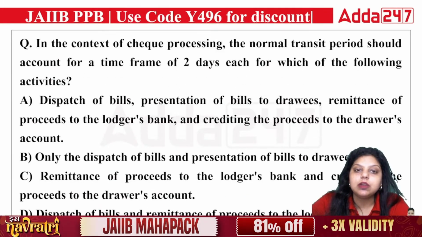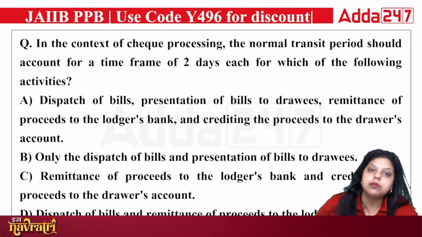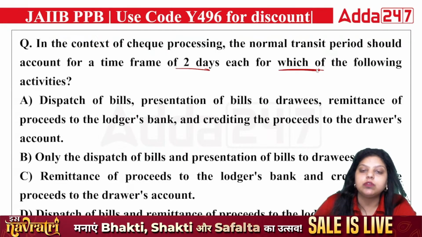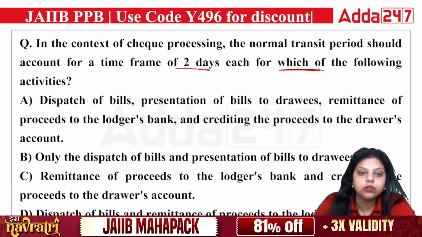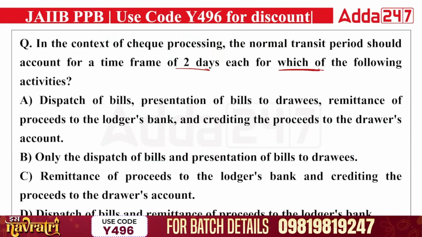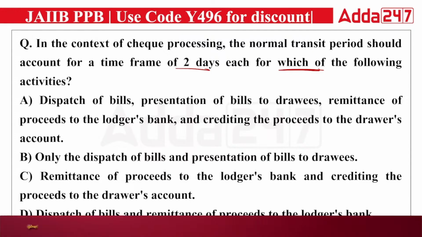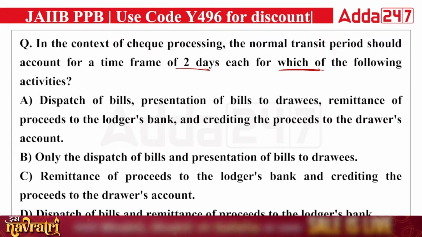Next we have in the context of check processing, the normal transit period should allow for a time frame of 2 days for each of which of the following. So 2-day time period will be given to each of which of the following that we have to answer here. First is saying dispatch of bills, presentation of bills to drawees, remittance of proceeds to the lodger's bank, crediting the proceeds to the drawer's account.